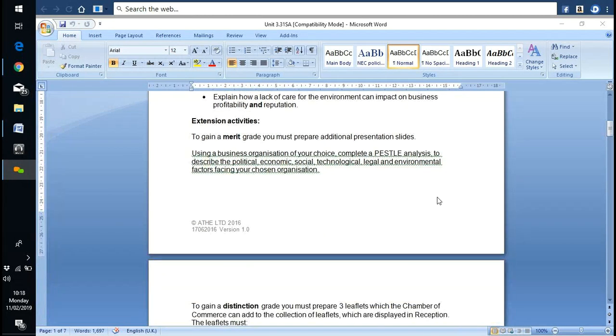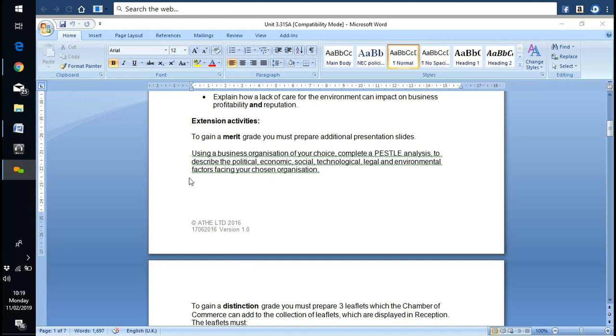On the extension activities, are you going to attempt these? Yeah. Okay. Well, again, you need to complete a PESTLE analysis. Now you've gone through that on the earlier PowerPoint, you probably understand what you need to put into that.